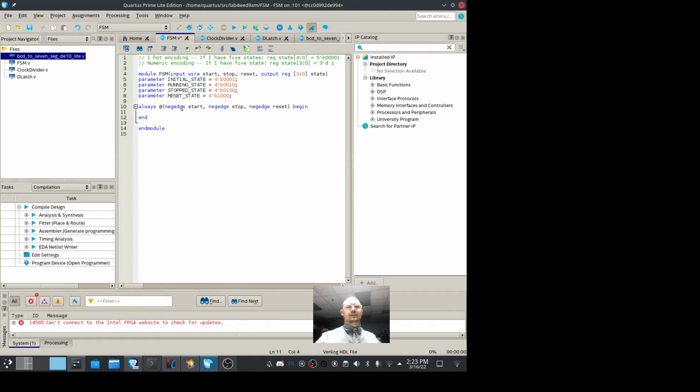Basically, if we didn't have the negedge, we would have to check if it was high or low, so that we could ignore the high portion. And this way, we know that it's always going to be low, and we can just say if start is equal to 1 tick b 0, then we know we're in start.